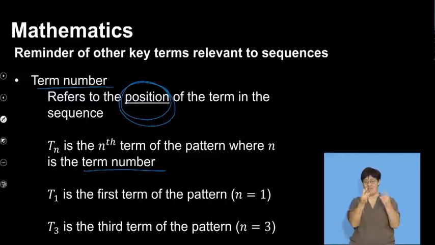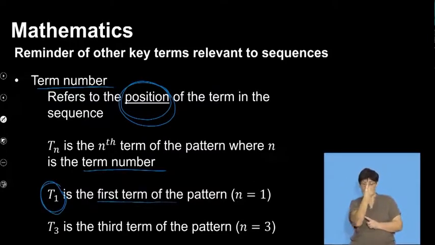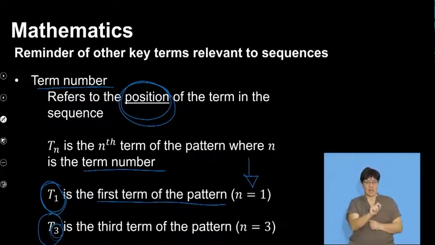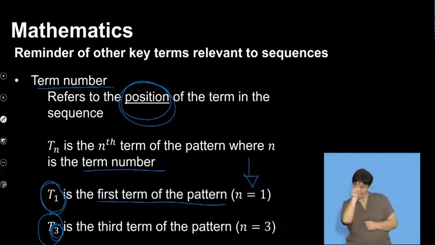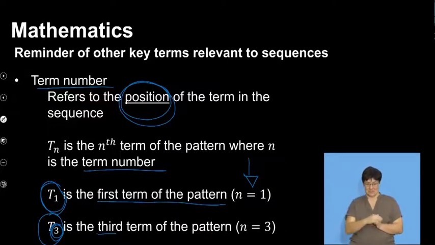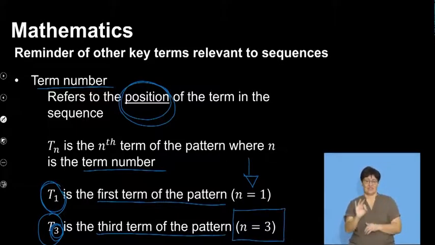So for instance, T1 is the first term of the pattern because n is equal to 1. T3, where we can see that n is 3 because of that subscript, is the third term of the pattern. So just a reminder, the n refers to the term number.